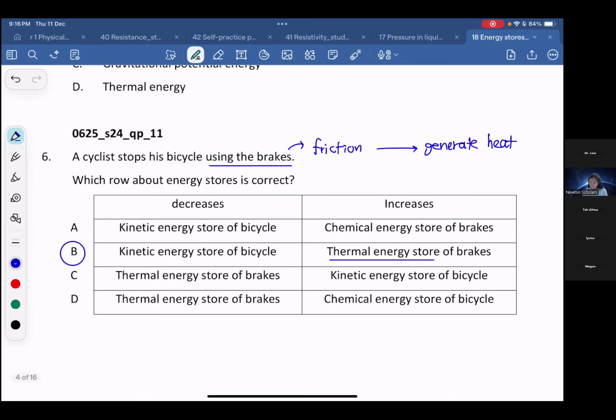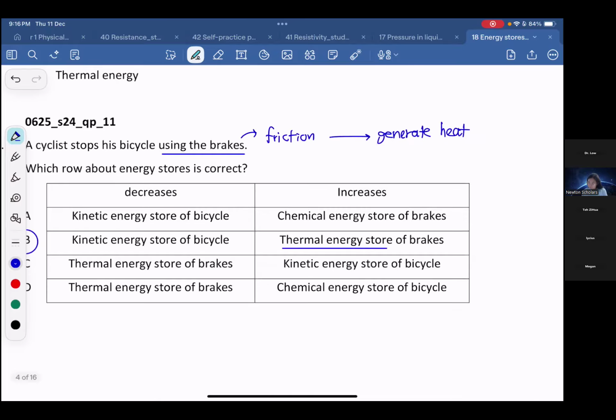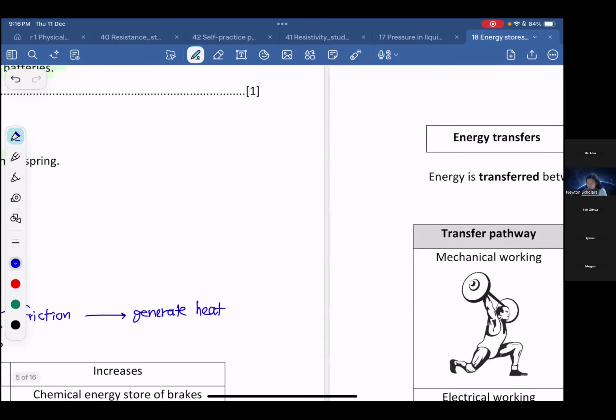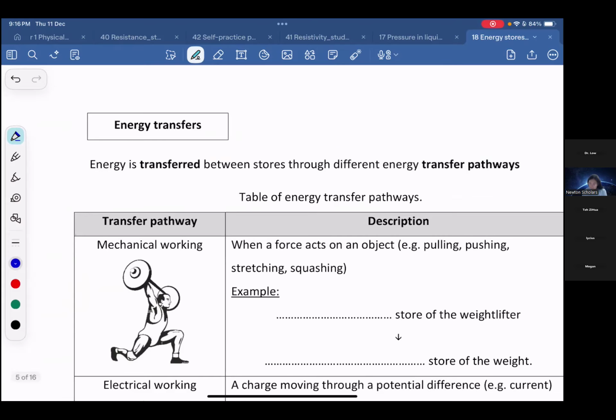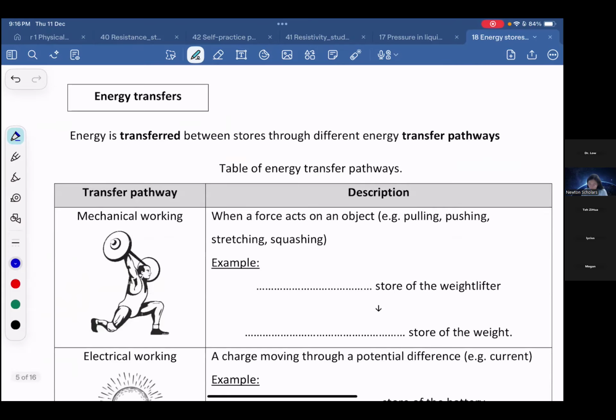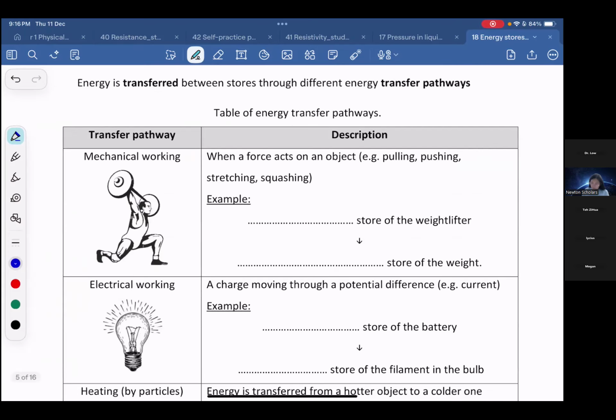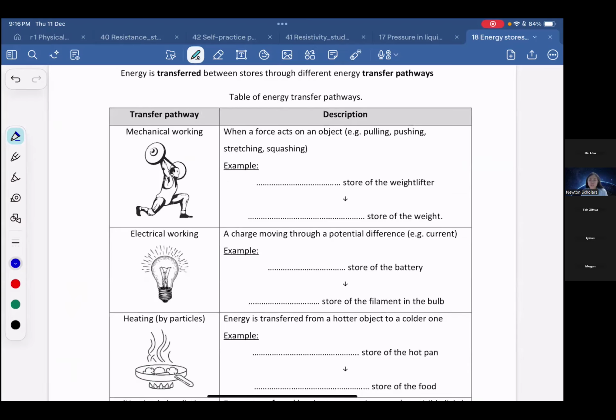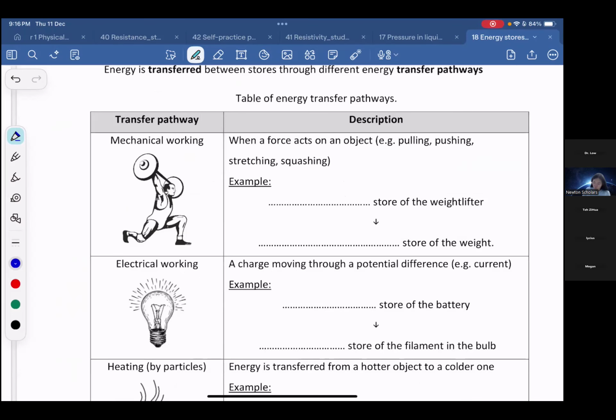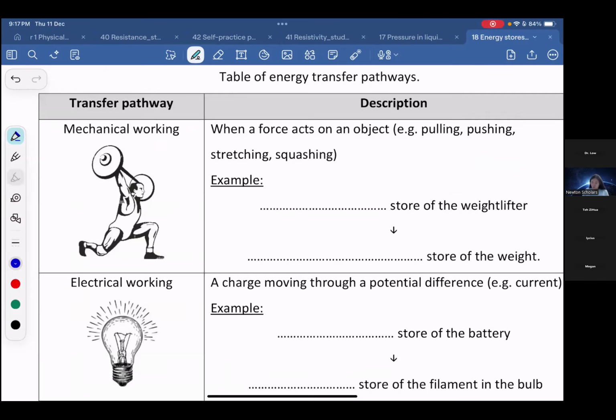Okay, next. Energy transfer, by different energy transfer pathways. So here we got a few pathways. Mechanical. If you see mechanical, it actually involves force. So we highlight force. No matter you are pulling, pushing, stretching, squashing, all this is about you applying a force.